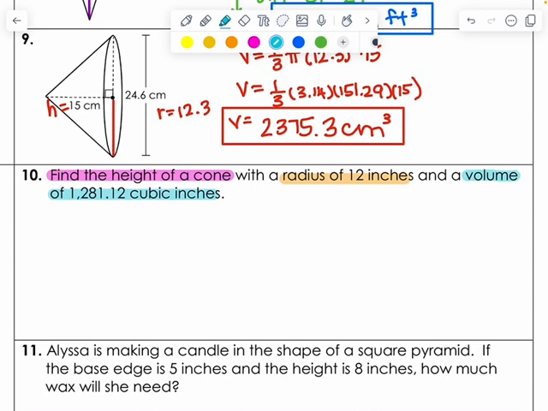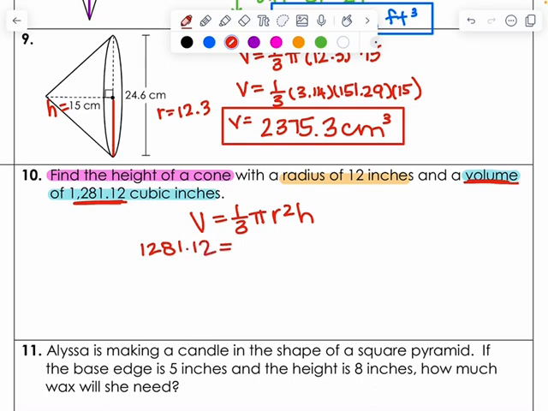Okay, well, we know that our volume is 1/3 pi r squared h. So I'm going to put that number in for our volume. We have the 1/3, pi is 3.14, and we know our radius is 12.